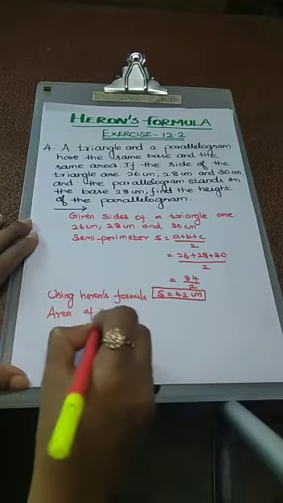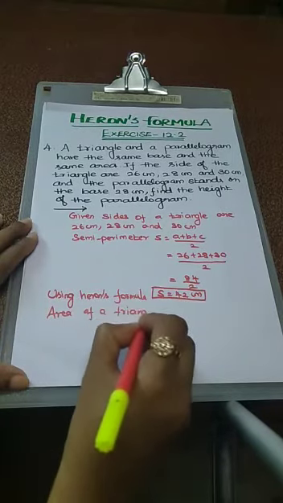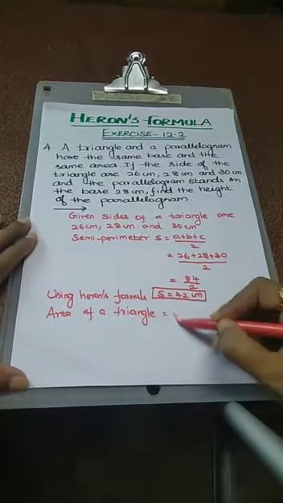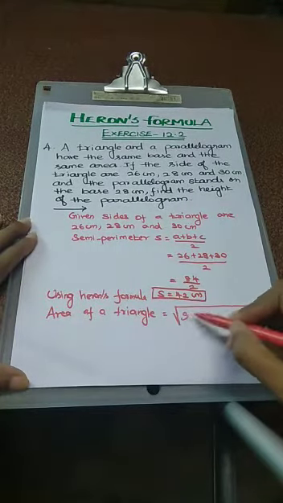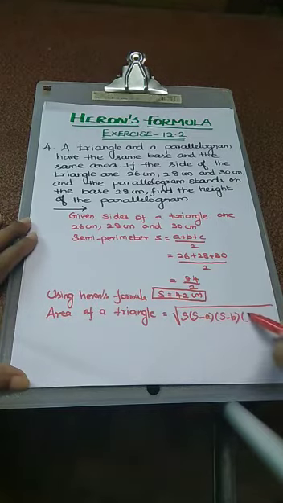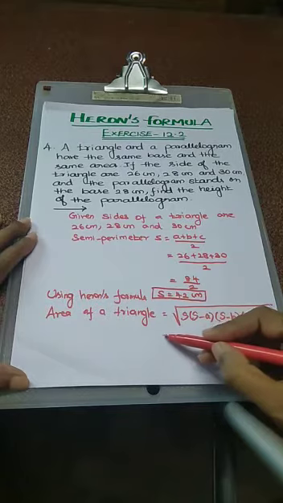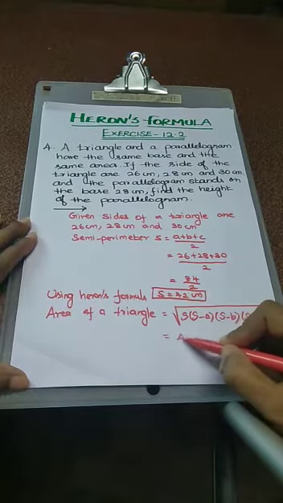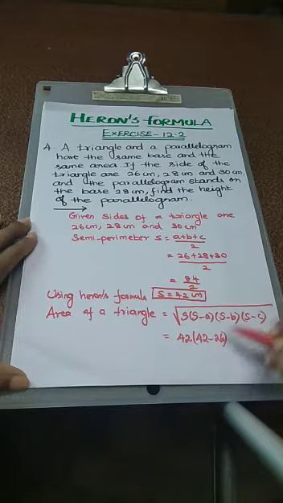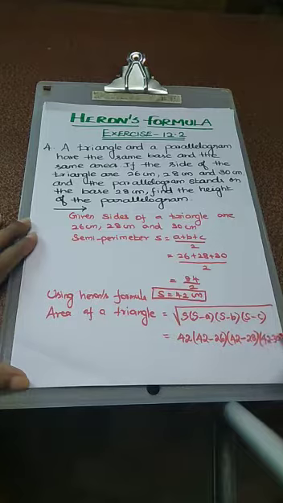Area of a triangle is equal to square root of S into S minus A into S minus B into S minus C. Apply the values. What is our S value? 42 into 42 minus A value 26, 42 minus B value 28, 42 minus C value 30.